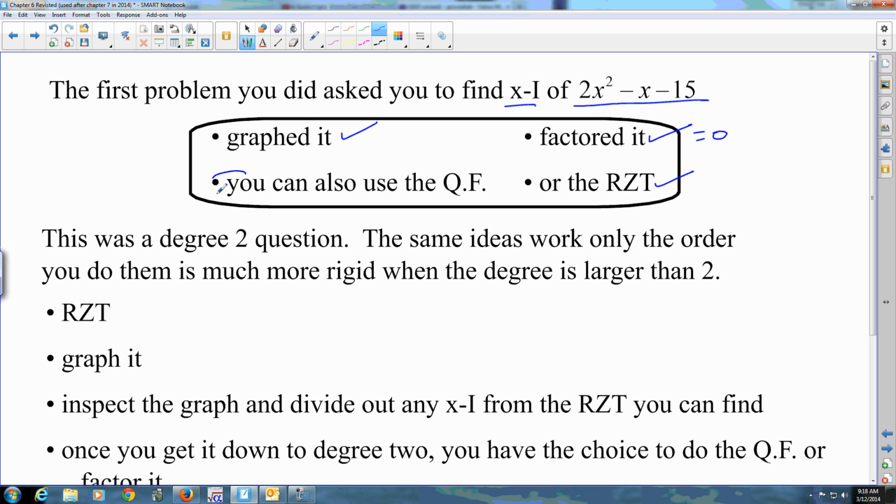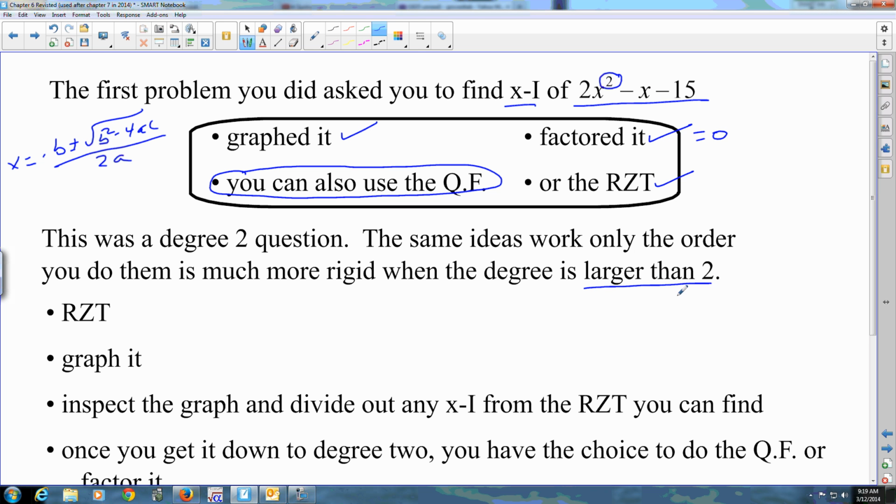The only thing we didn't do was the quadratic formula, but you know that that is an option to find zeros in doing this. And remind you what the quadratic formula is. There it is. So all four things here are a game to solve these because it's degree 2.